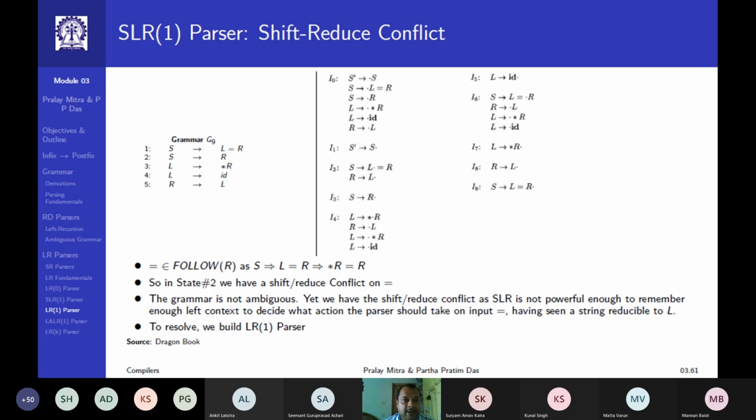So let us consider this grammar. We call this G9.